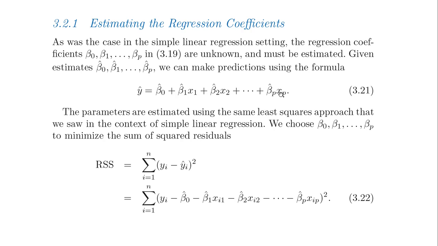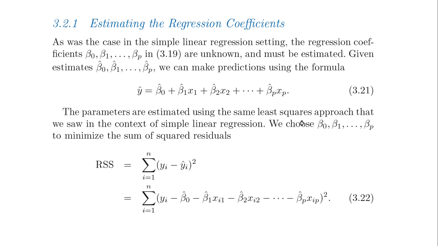Let's have a look. The parameters are estimated using the same least squares approach that we saw in the context of simple linear regression. We choose a beta naught value, a beta 1 value, beta p value to minimize the sum of squared residuals.